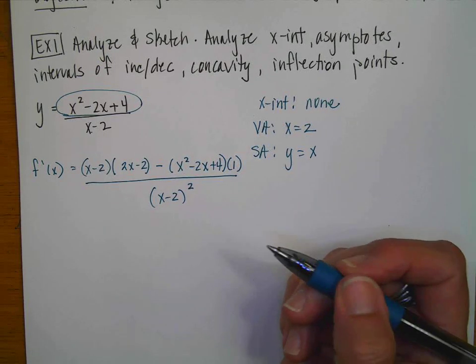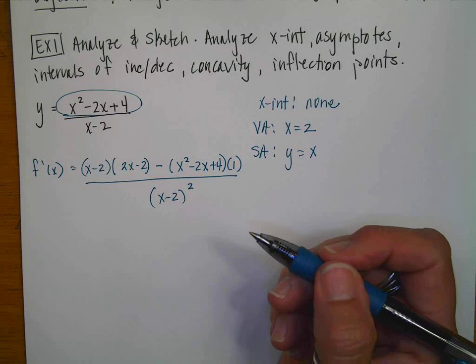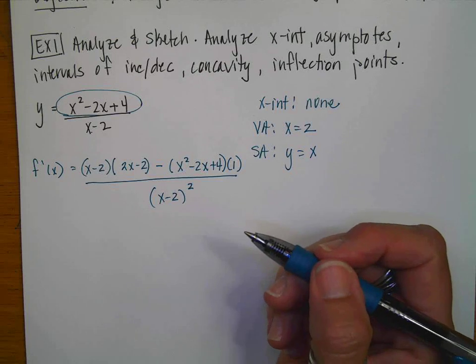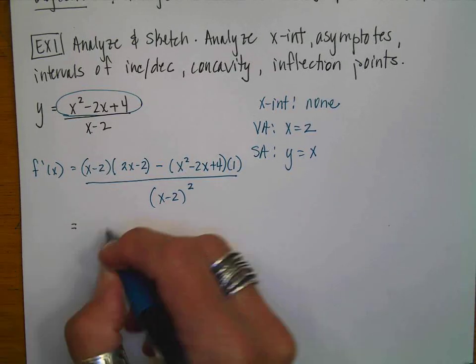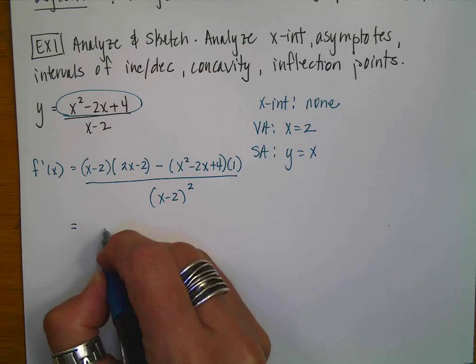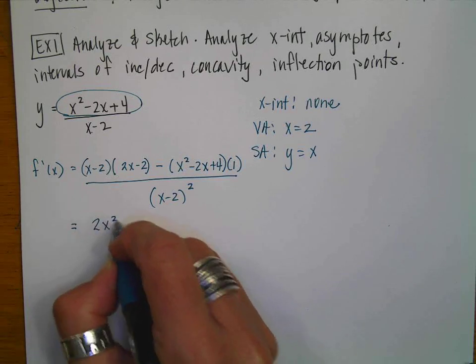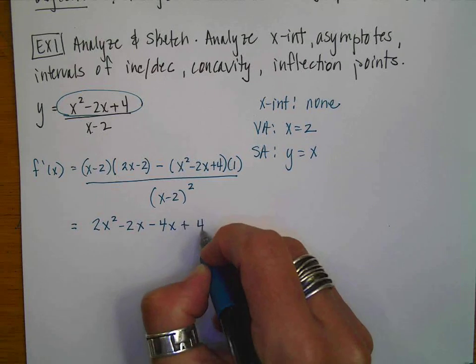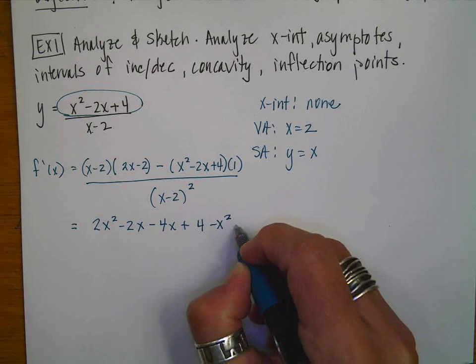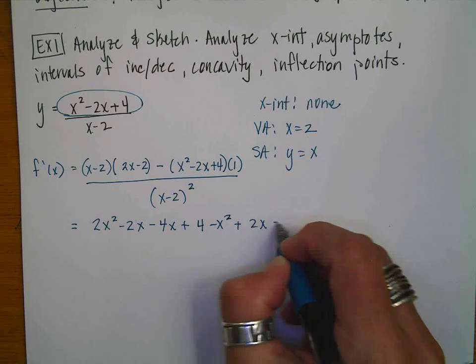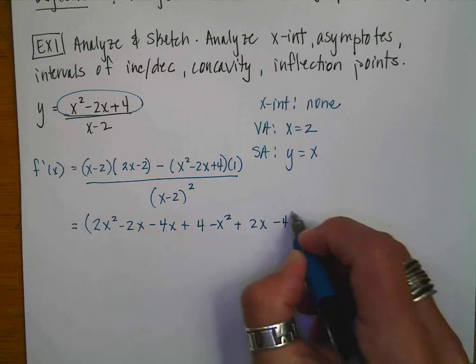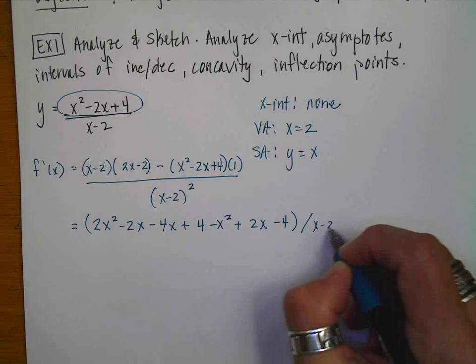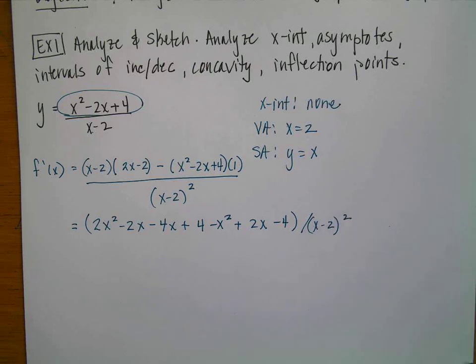Unfortunately, this does not simplify. I can't factor out an x minus 2, so I'm going to distribute everything, and I get 2x squared minus 2x minus 4x plus 4 minus x squared plus 2x minus 4, all divided by the x minus 2 squared.